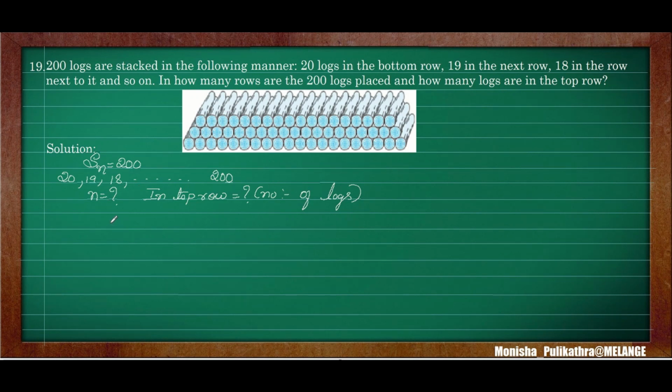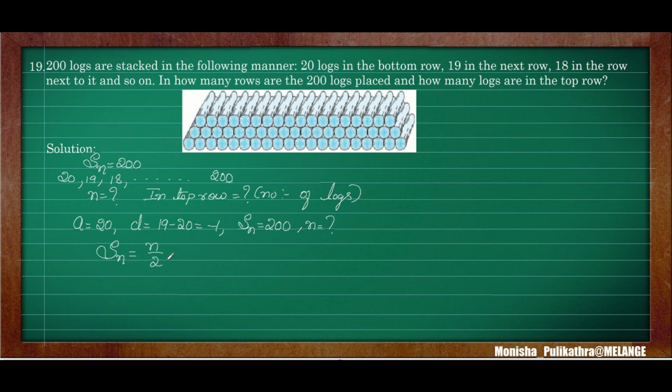So here the first term A is equal to 20. Next the common difference is 19 minus 20, that is minus 1, and Sn is 200. Next we need to find out N. So we need to apply the Sn formula.